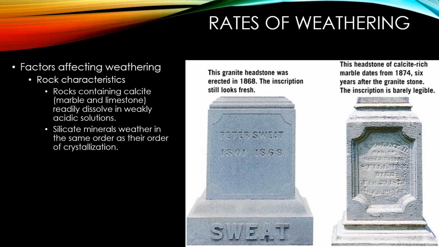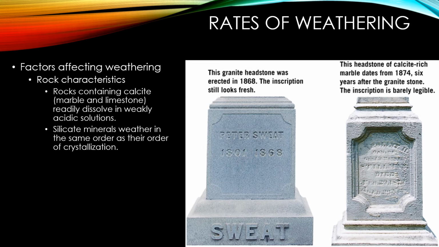And so if a mineral is forming when temperatures are extremely hot and pressure is extremely high, then that mineral is more likely to be more unstable at Earth's surface. And therefore it would weather faster than minerals that formed when the body of magma that they formed from was cooler in temperature later on.